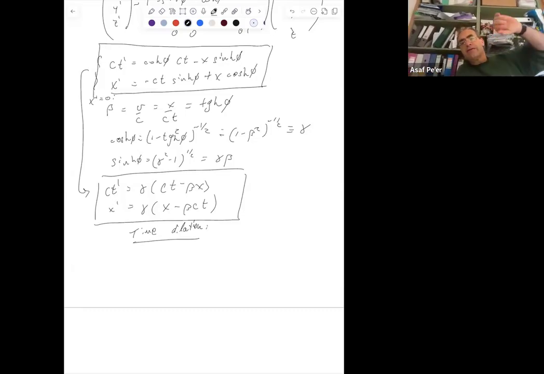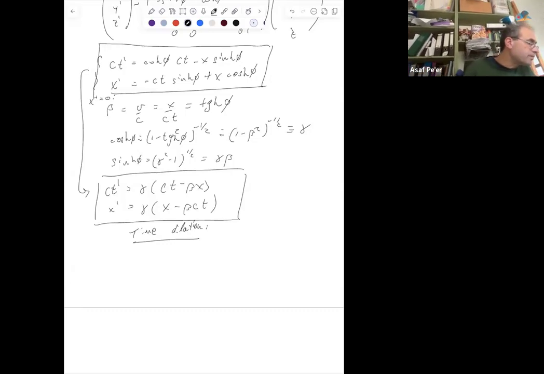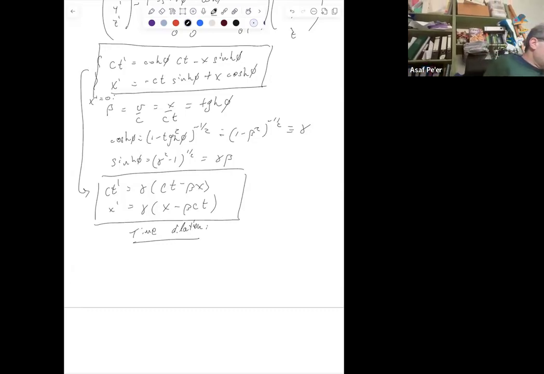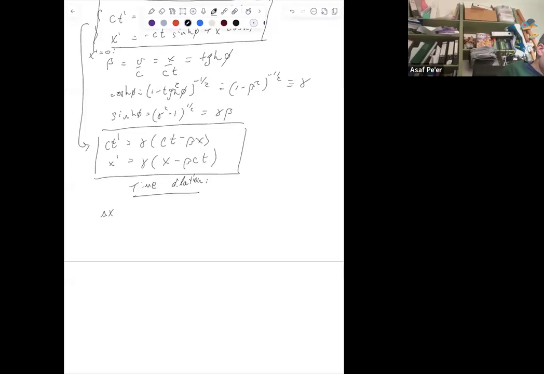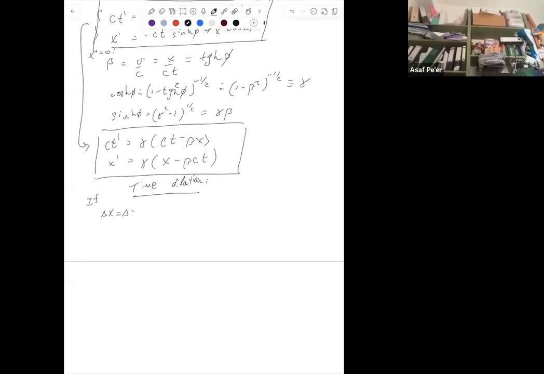And I spoke about what happens if I'm holding a clock with me. I have a clock here. And the clock, of course, relative to me is not moving. So if the clock is not moving, then the two ticks are called the proper time. So if delta x, delta y, delta z is equal to 0, delta t is the proper time, also known as tau.